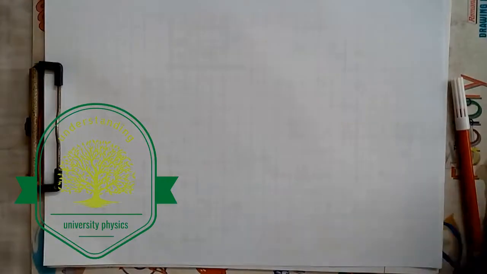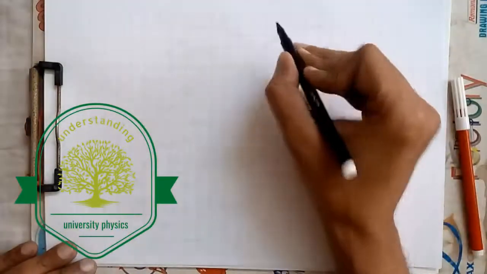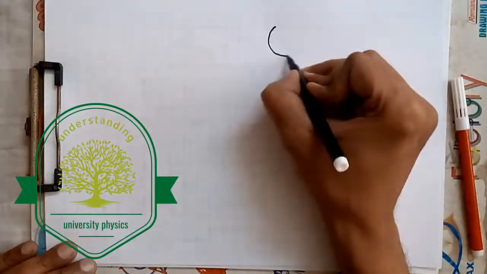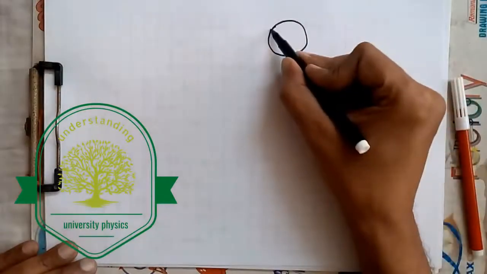In this video, we'll solve a very interesting problem based on belt friction. Say you have a pulley, and over that pulley you have a belt.